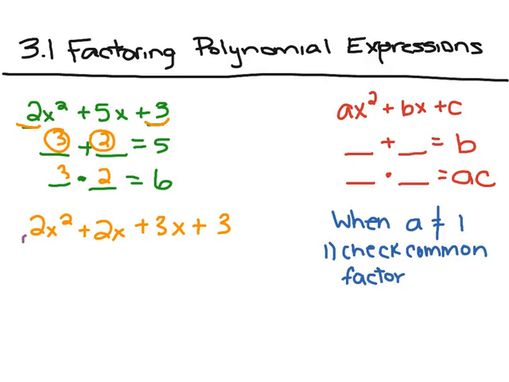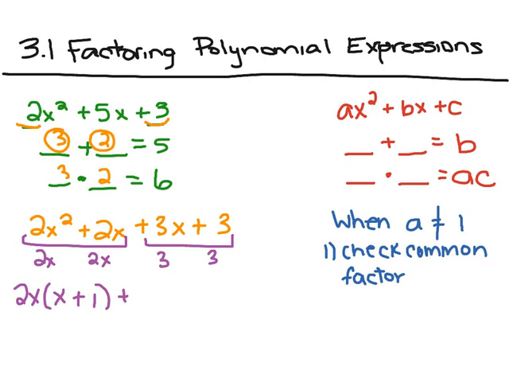Now we're going to split it into two groups and divide by a common factor. So the common factor between 2x squared and 2x is 2x. So when you divide 2x out, you're left with x plus 1. The common factor for our second one is 3. So we're going to go plus 3, divide this out, we're left with x plus 1.